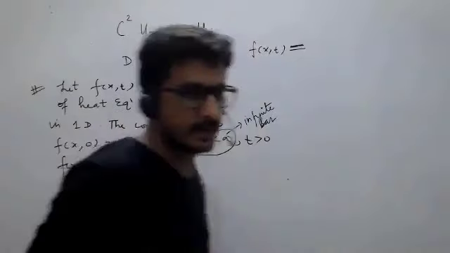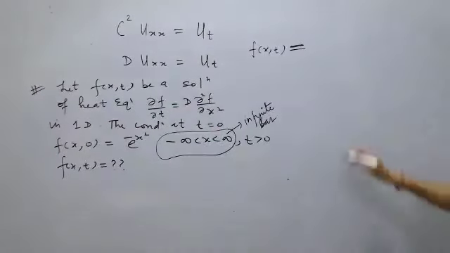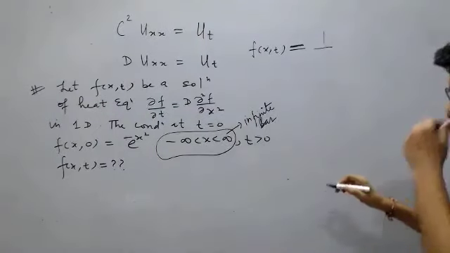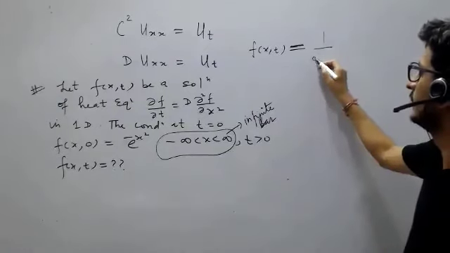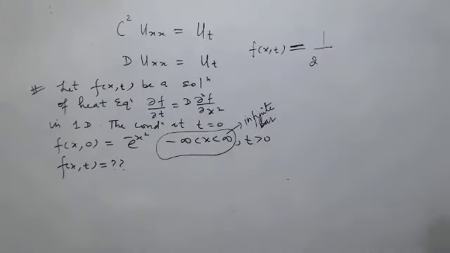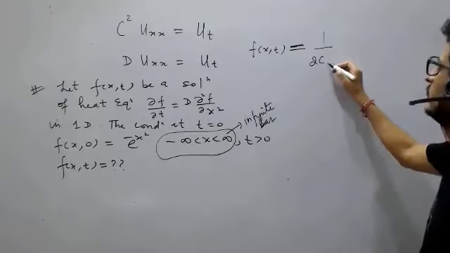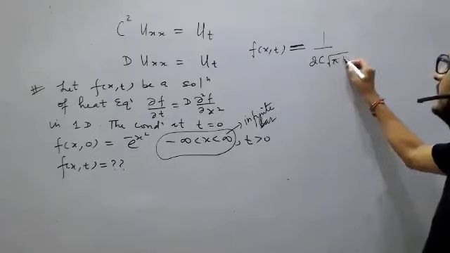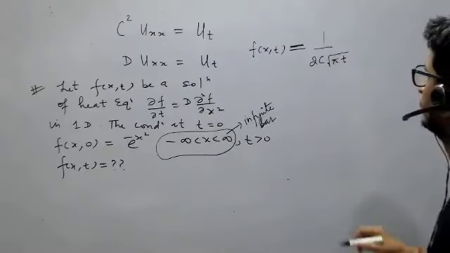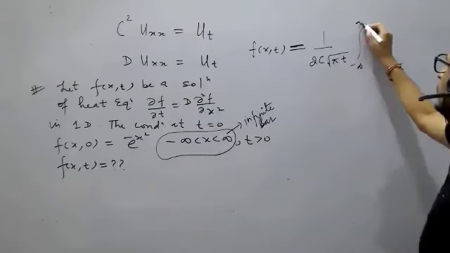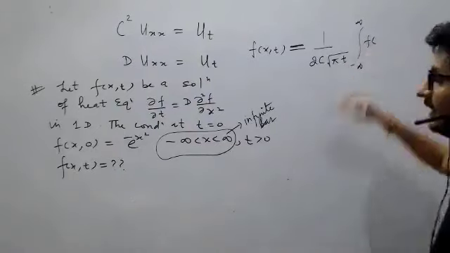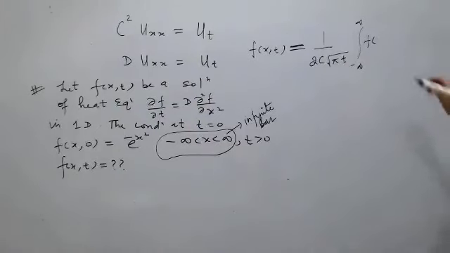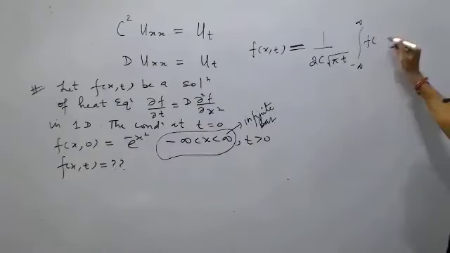Tell me this: what was the solution, u(x,t)? 1 upon 2c root pi t, integral minus infinity to infinity, f of... not v, the z one. Then x plus... root... no, x was not there, z was.